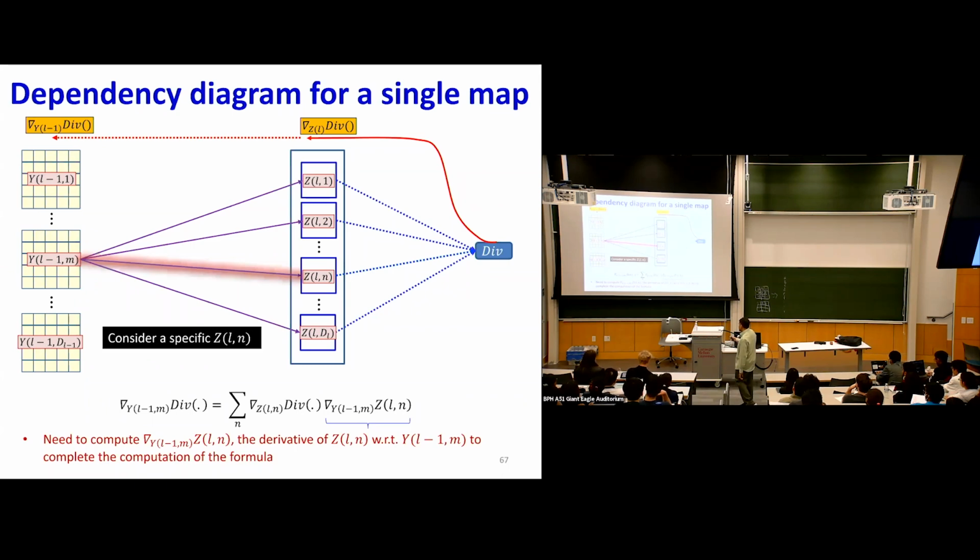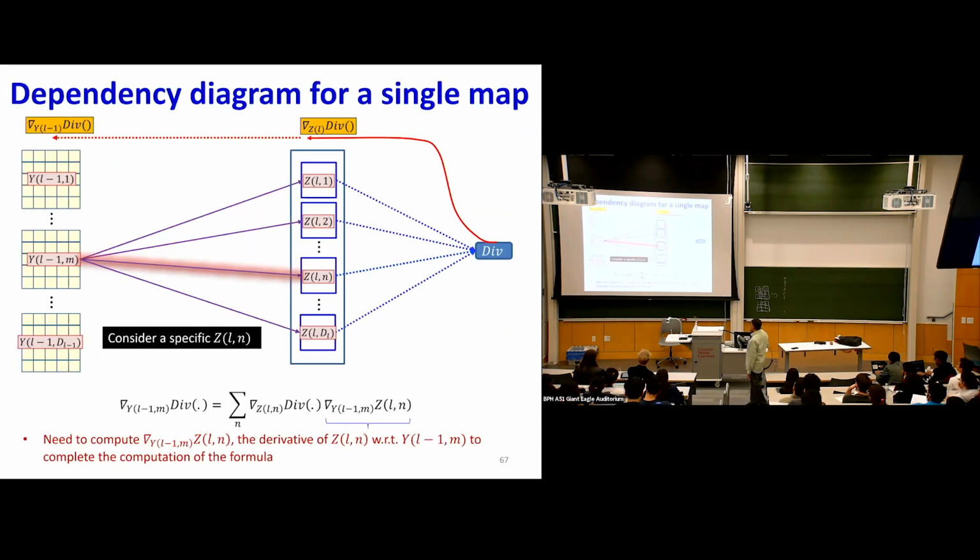Let's consider this one. So we need to figure out how to compute the derivatives of this z with respect to this y. By that, what I mean is, how do I compute the derivative of every element of the z with respect to every element of that y?